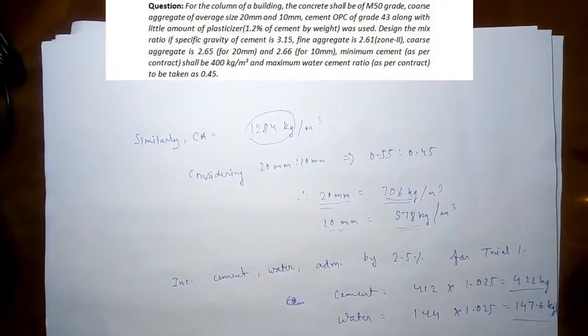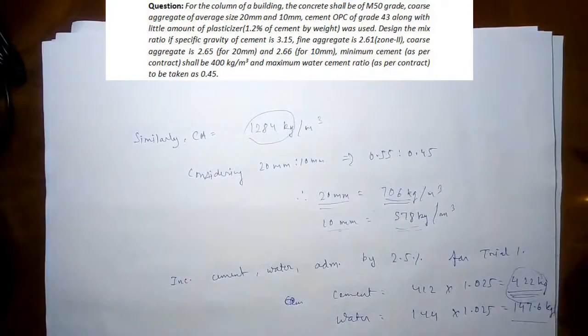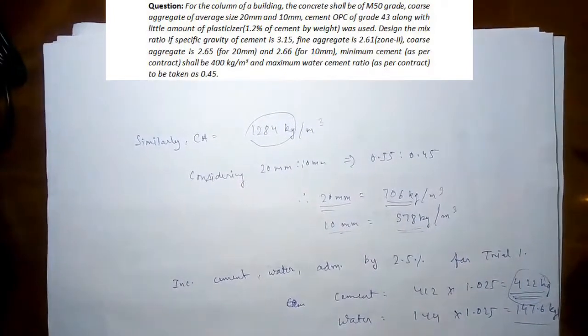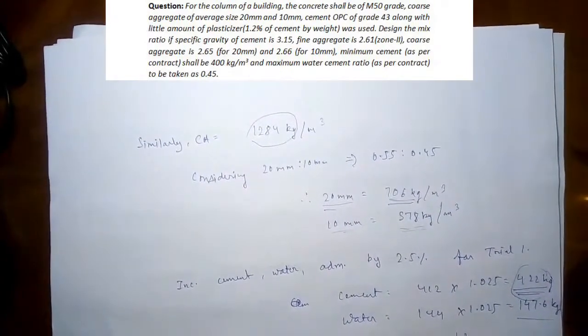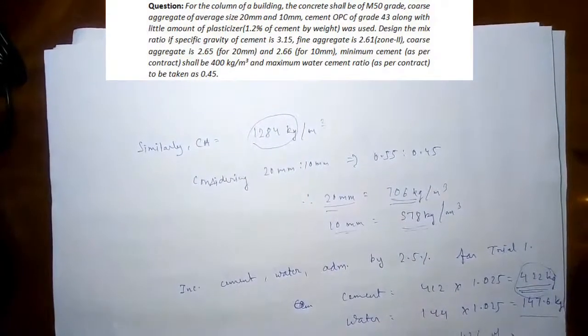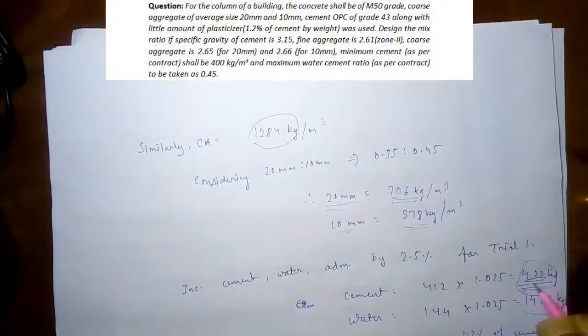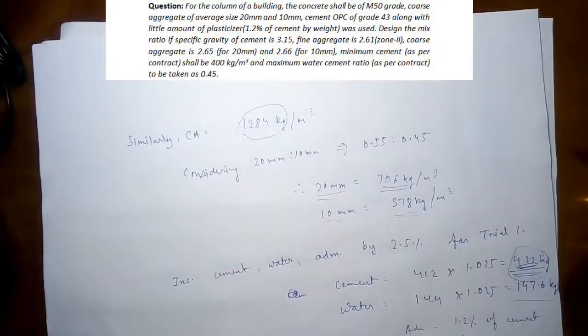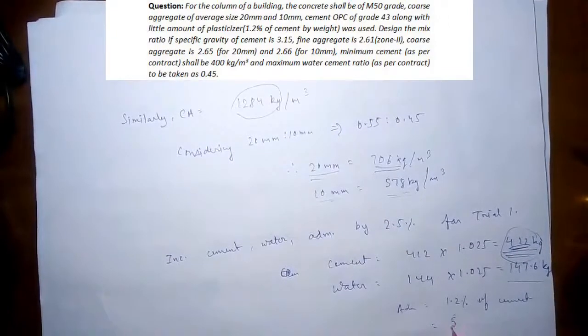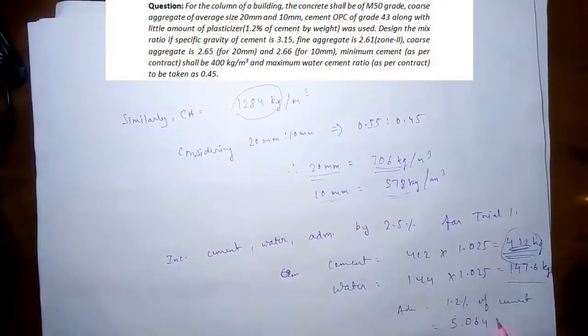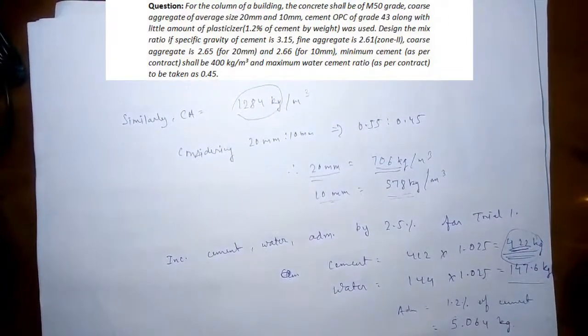As admixture, if we are taking 1.2% by weight of cement, so admixture is 1.2% of cement, and it is equal to 1.2% of 422 kg, which will be 5.064 kgs.